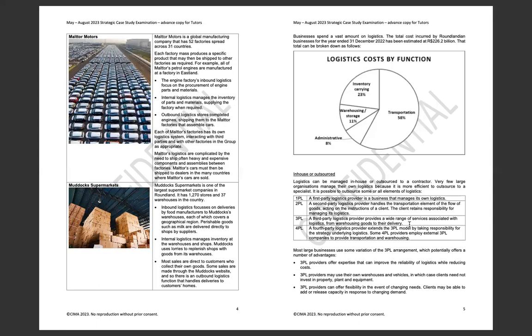So we are involved in a value system by providing our clients with services from warehousing to delivery of their goods, right? Most large businesses use some variation of the 3PL arrangement, which potentially offers a number of advantages.